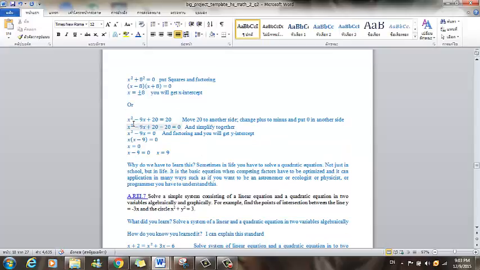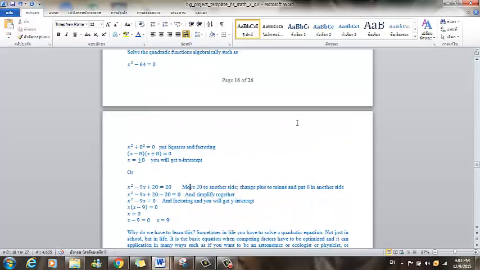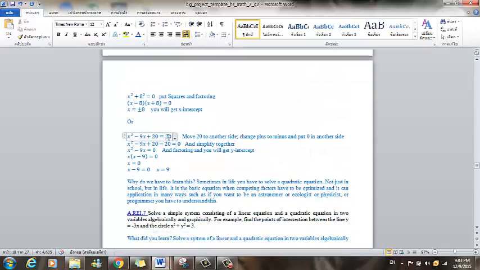Another example is x squared minus 9x plus 20 equals 0. You move 20 to the other side to change plus to minus and put 0 on the other side. So you have 20 here, you change it to the other side and it's going to be minus 20 equal to 0.